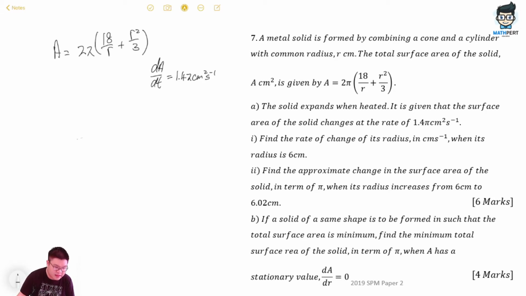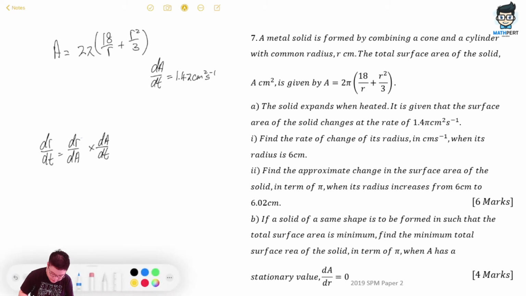So how do we find dr/dt? dr/dt is equal to dr/dA multiplied by dA/dt. We are already given dA/dt, so we need to find dr/dA. How do you find dr/dA? We can use the surface area formula.